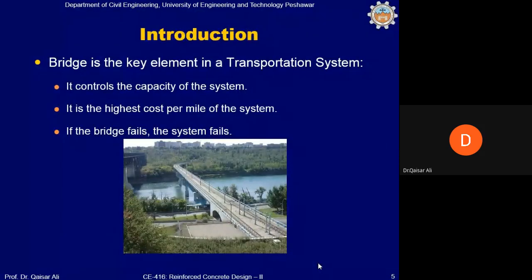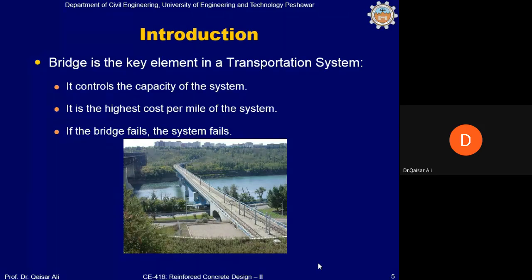You know that a bridge is one of the key elements in a transportation system because it controls the capacity of the system. If a bridge is very narrow as compared to the highway, then the number of vehicles passing over the bridge will be less, so it will control the capacity of the system. And it is the highest cost per mile of the system.